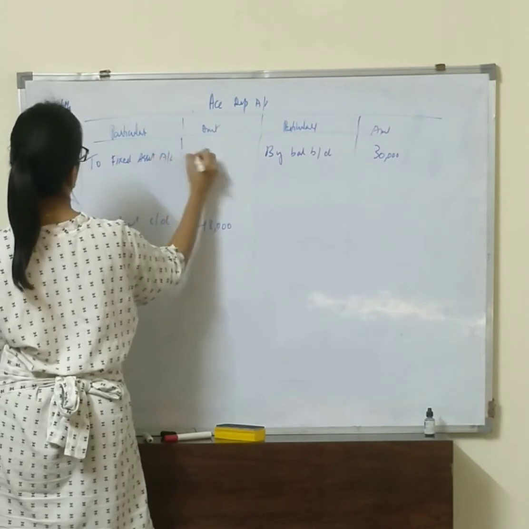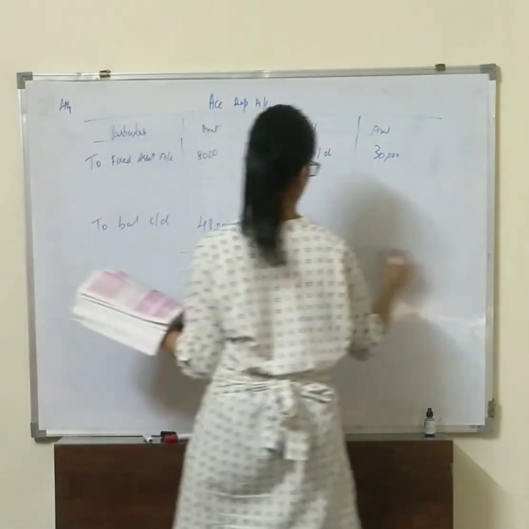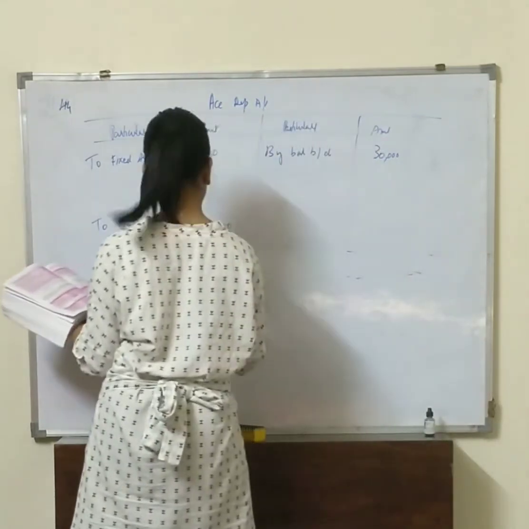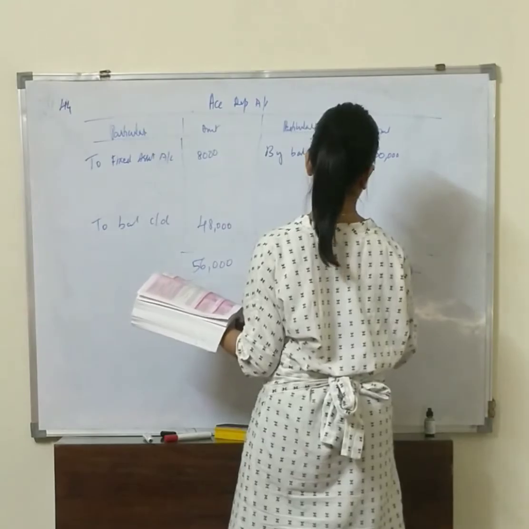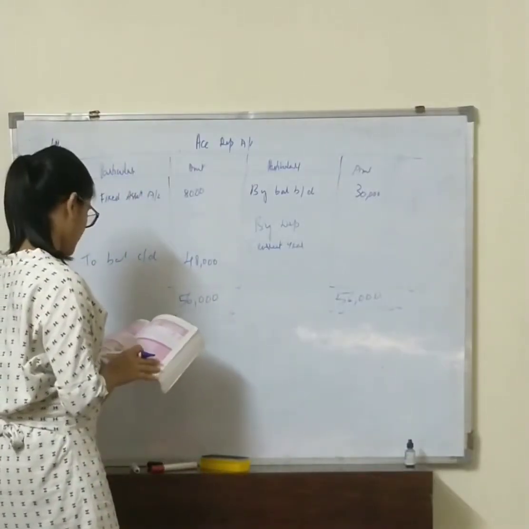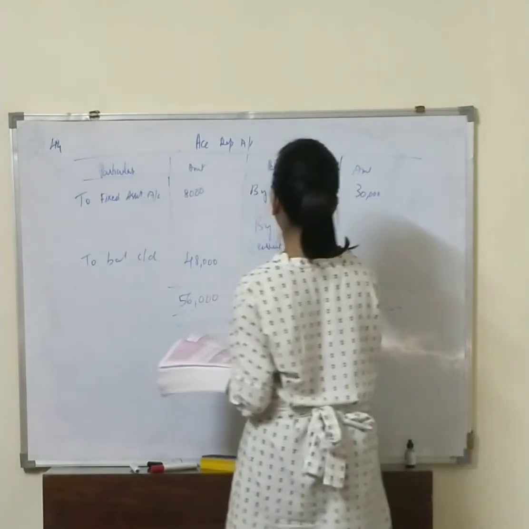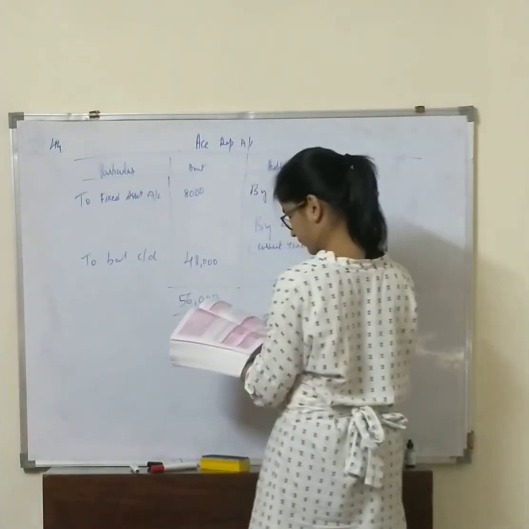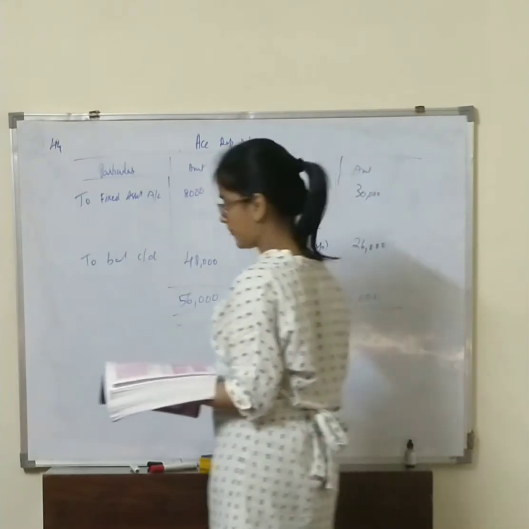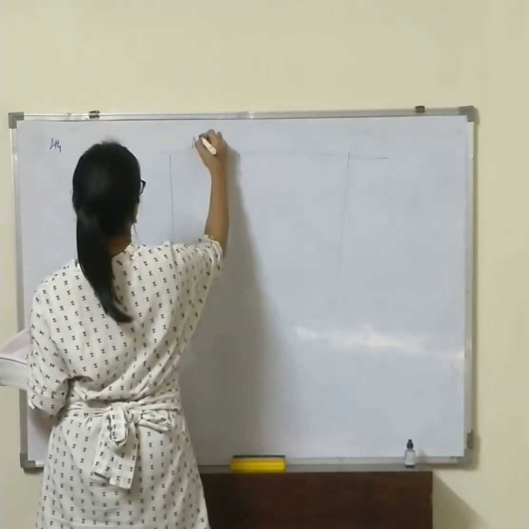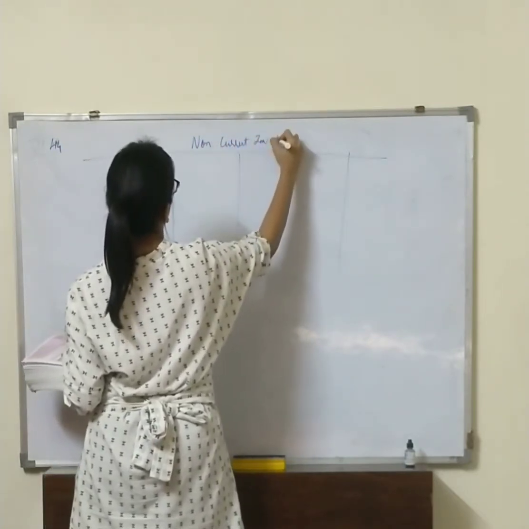How much was it? 8,000. So which side is more, debit side or credit side? Debit side. What is the total? 56,000. Whatever is the balance, that will be a current year's depreciation. So write by depreciation account in bracket current year's depreciation. It is 26,000.